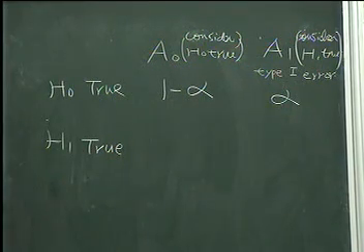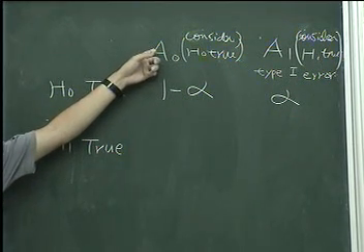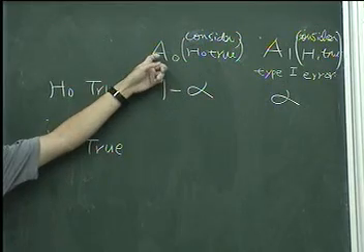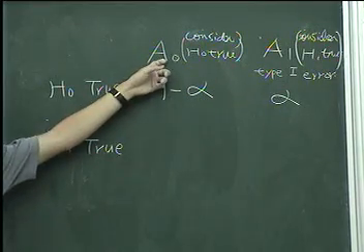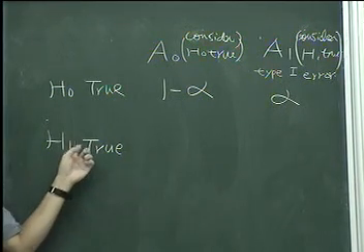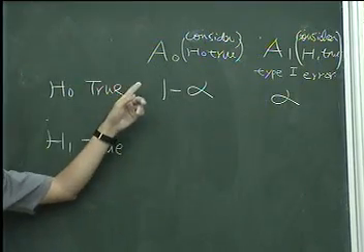Okay, H1. If H1 is true, but you take action A0, you take action A naught, okay? So this is a wrong decision, because actually H1 is true, but you think H naught is true.